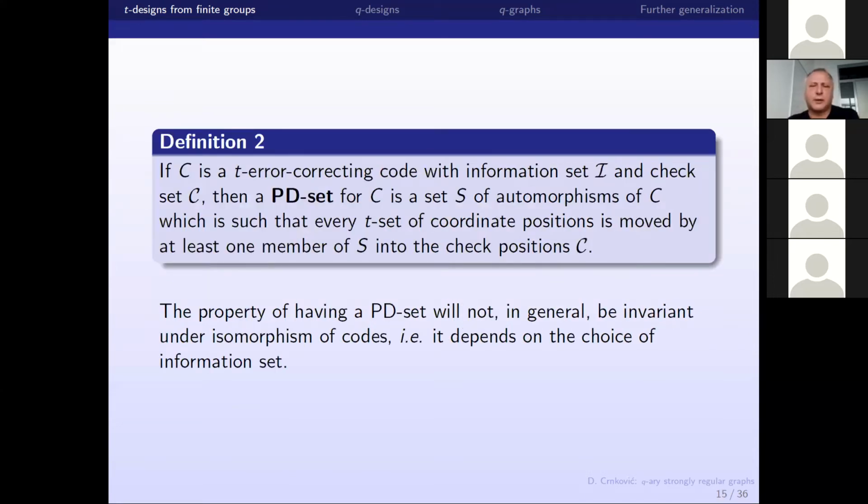We have a t-error-correcting code with information set I and check set C. Then a PD-set of that code is a set S of automorphisms of the code with the property that every t-set of coordinate positions is moved by at least one permutation from S into the check positions C, which means that using these permutations from S, we can move the errors out of the information set.